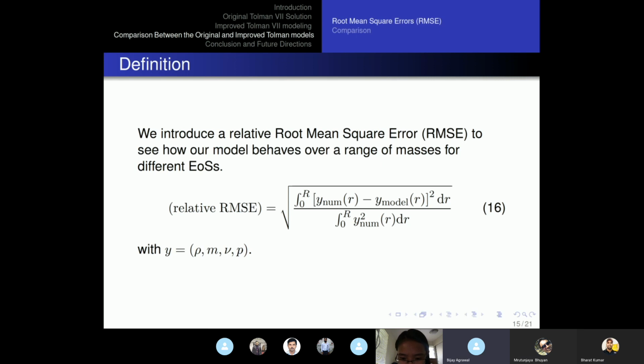That means at the lower mass, your analytical result is not matching the numerical ones. Yes, at lower mass you have large errors. I think in the case of pressure, it is not better than the original Tolman. Okay, now I understood. Error means the difference between the numerical result and the analytical results. Yes, that is what I mean by error. Okay, thank you.